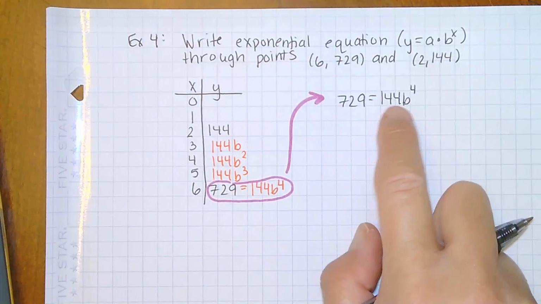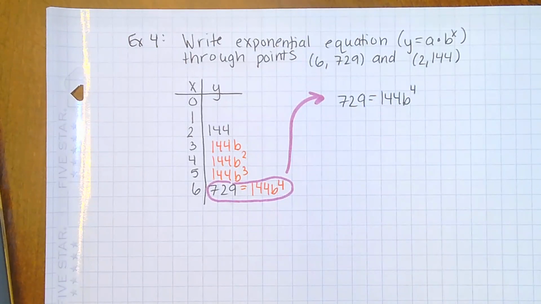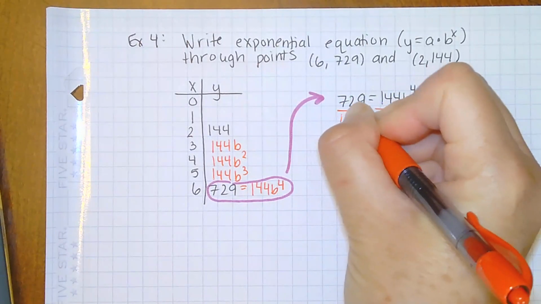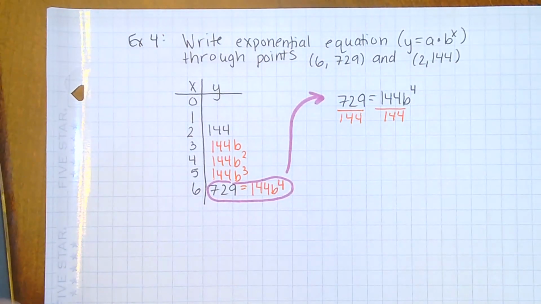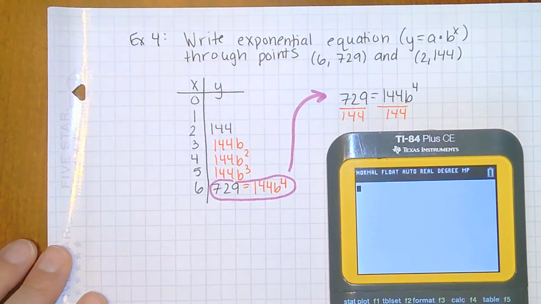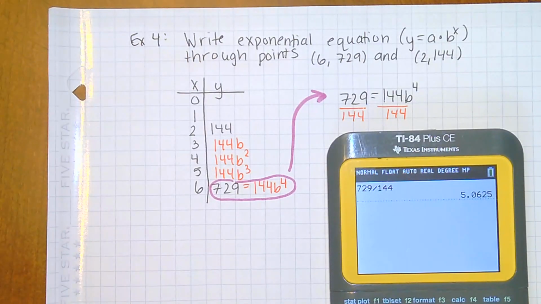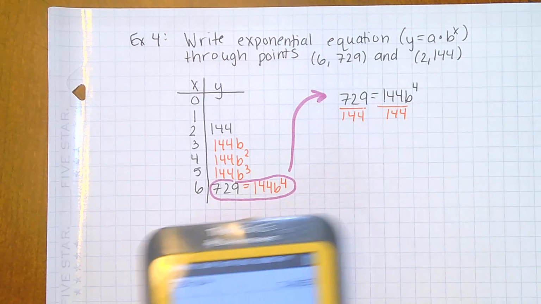And now I'm going to solve for b. First thing I'm going to do is divide both sides by 144. So let me take 729 divided by 144, and I get this decimal, 5.0625.